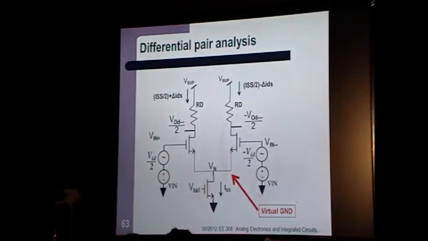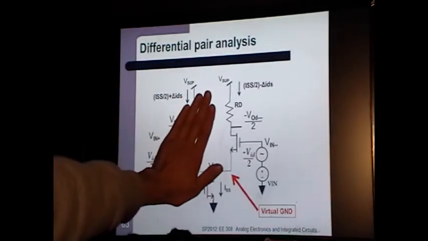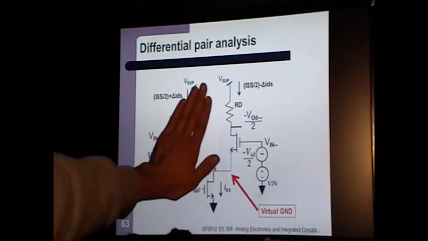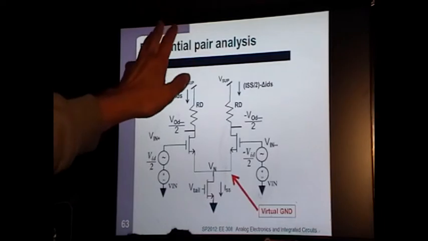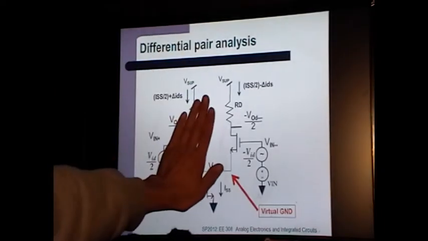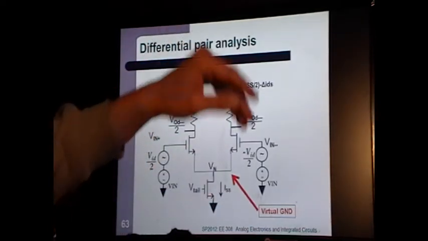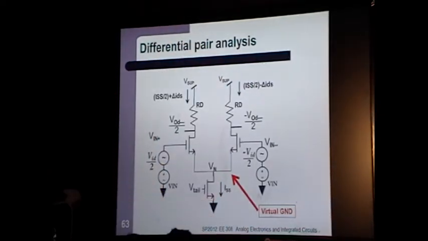And if everything's well matched, if that node doesn't move, when you do AC analysis, nodes that don't move become an AC ground. And once you do that, that becomes your circuit, which is a common emitter. So without doing any really involved calculations, you can immediately say, hey, this half has the same gain as a common emitter.